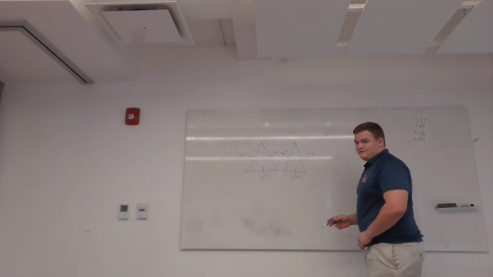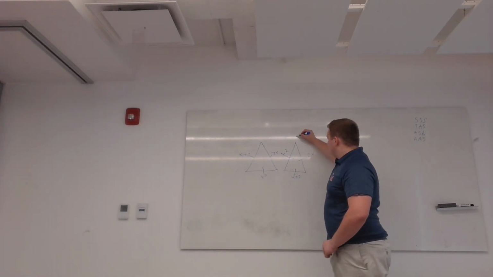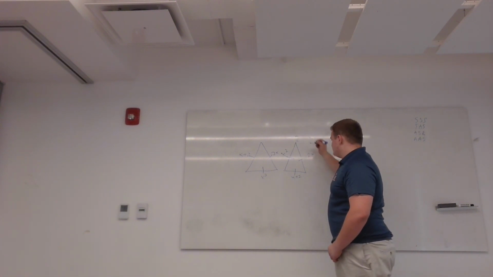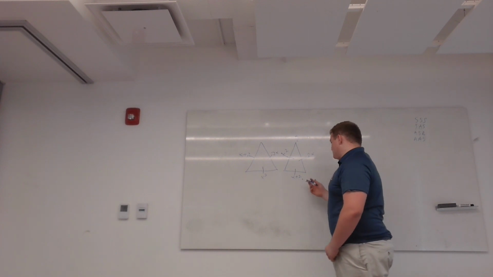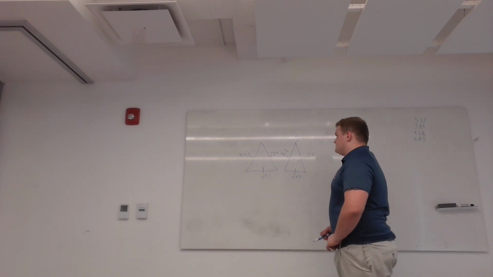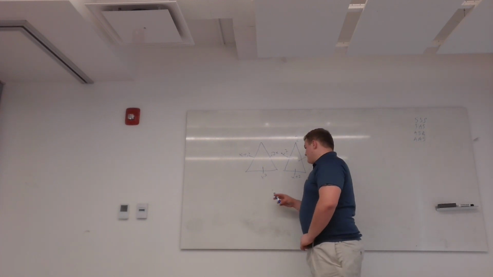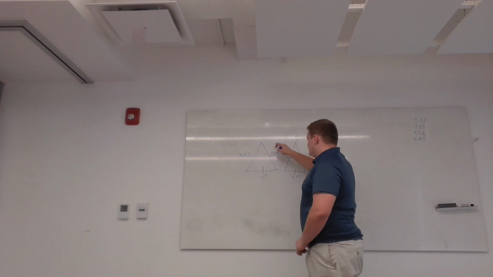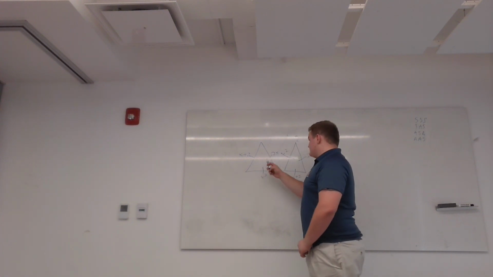Now, if you solve the first triangle, you'll know that x is 2. 2 times 2 is 4, 2 plus 2 is 4, and 2 squared is 4. And then, knowing that this is also an SSS triangle with the same distances, you know that this is also 2.